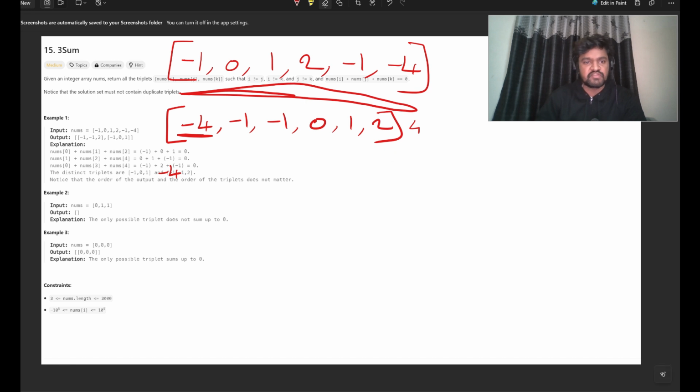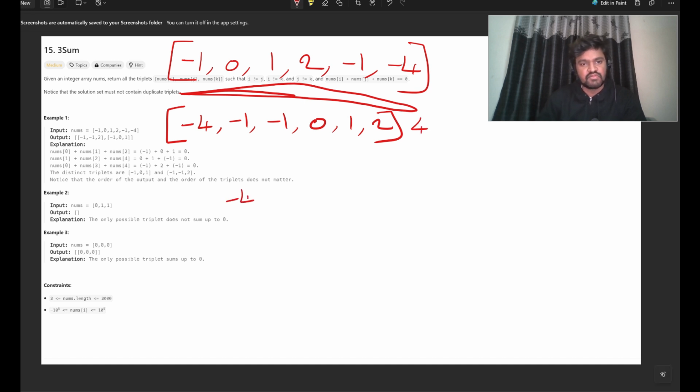So what is the use of this sorting? If you sort, you can neutralize a number very easily, correct? So for example, you have 4 here and I have -4 here.